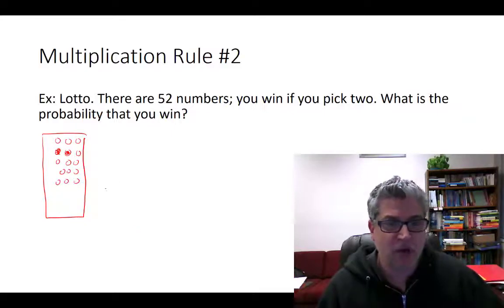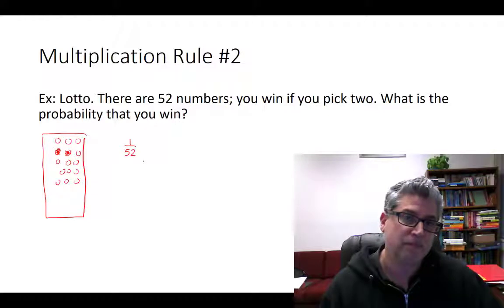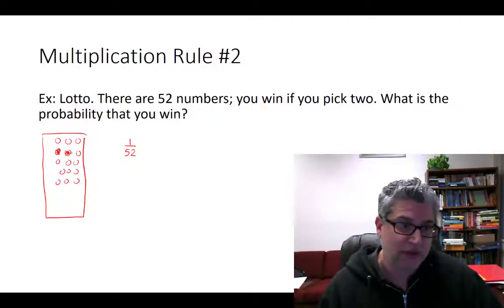Now, this is a simple lotto, but it's kind of like a Powerball. So what is the probability that I would have picked the first number correctly? Well, it's going to be 1 out of 52. But what's the probability that I would also pick this second number?